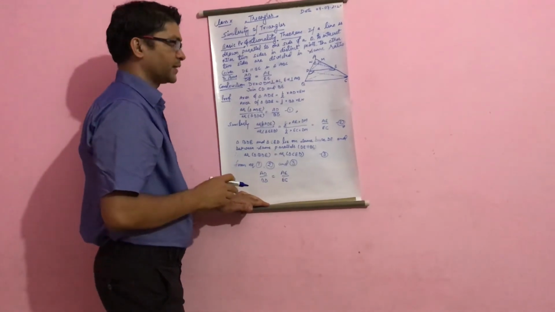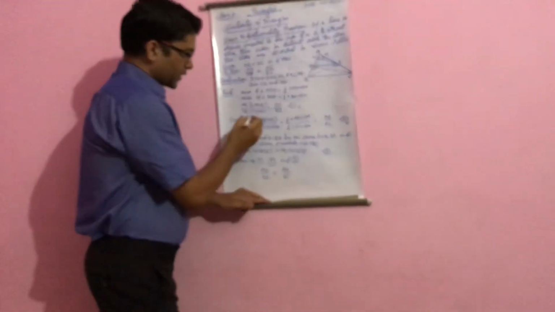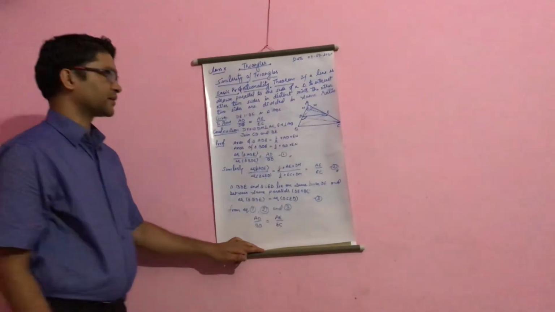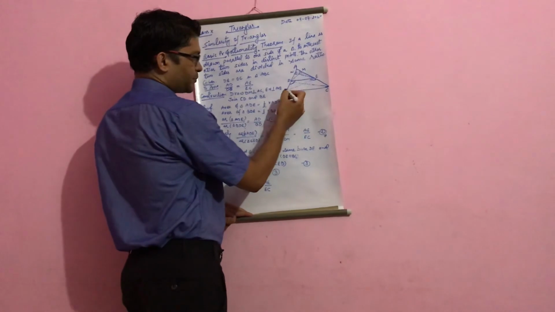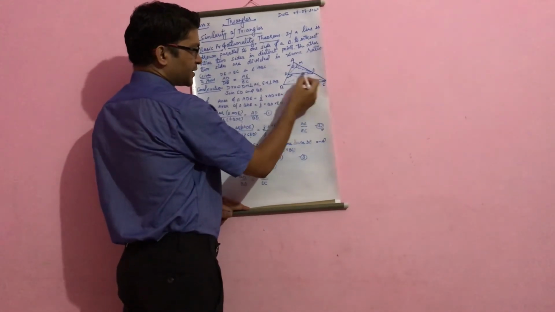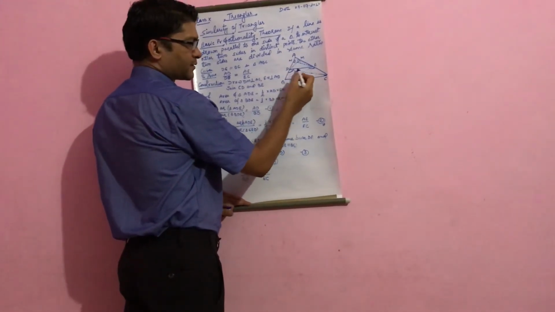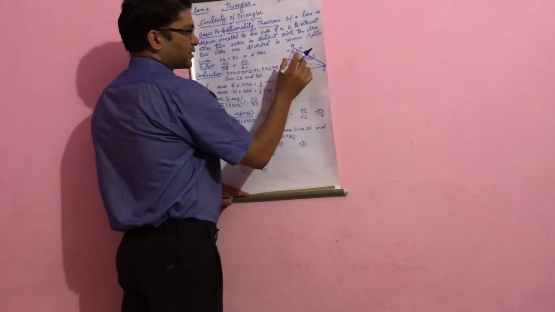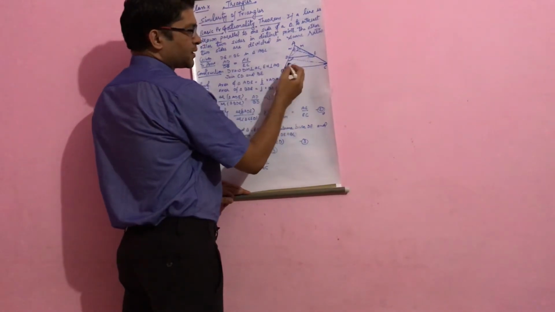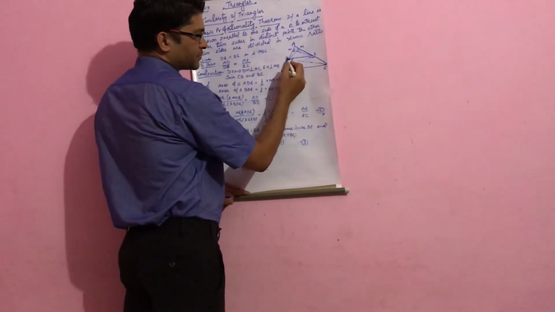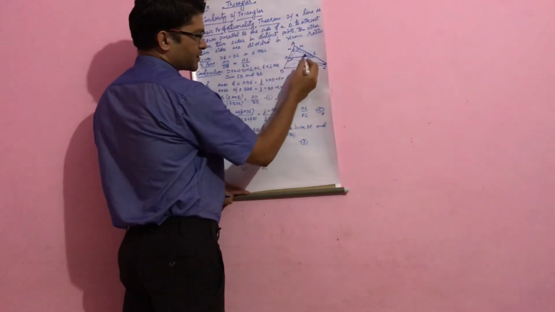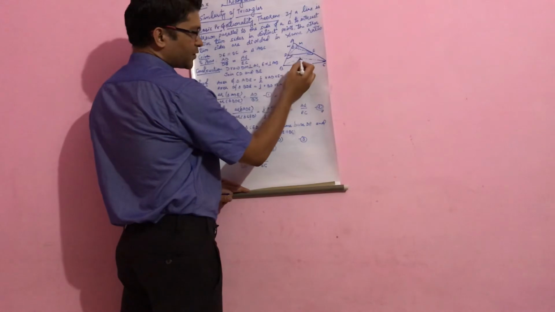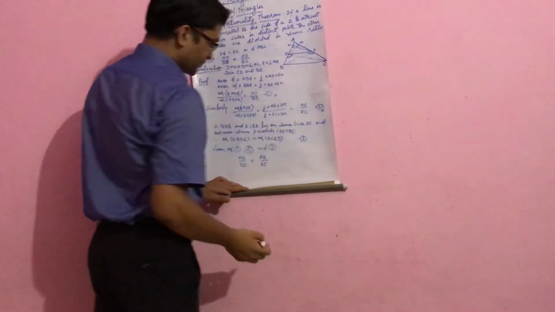Now, the next thing is to consider the areas of triangle BDE and triangle CED. Look at these two triangles, BDE and CED, and this line DE is parallel to BC. Now these two triangles lie on the same base DE, and between the same parallels, DE parallel to BC.